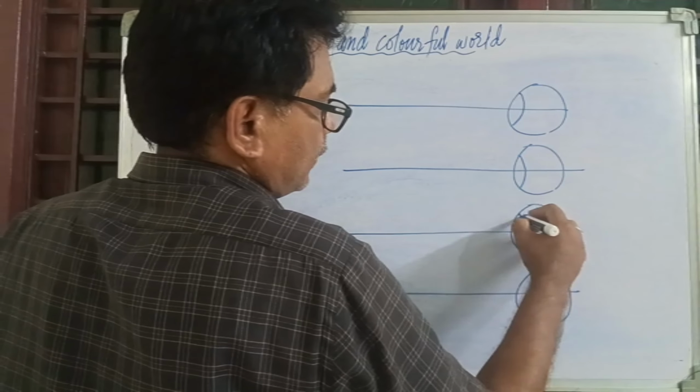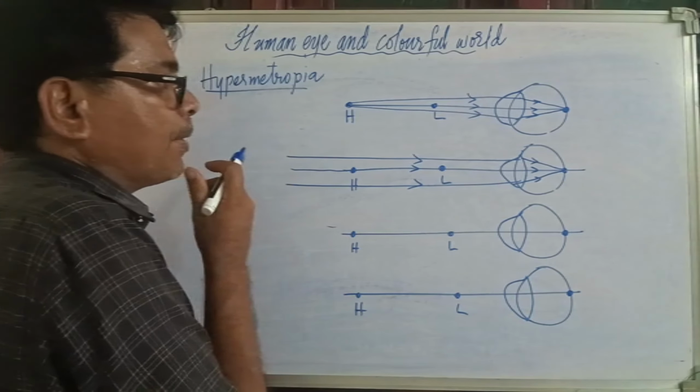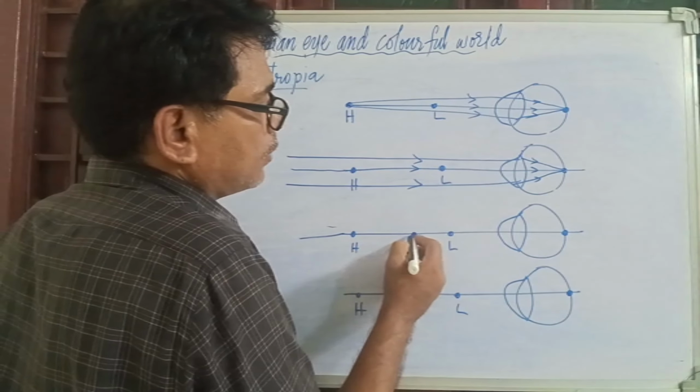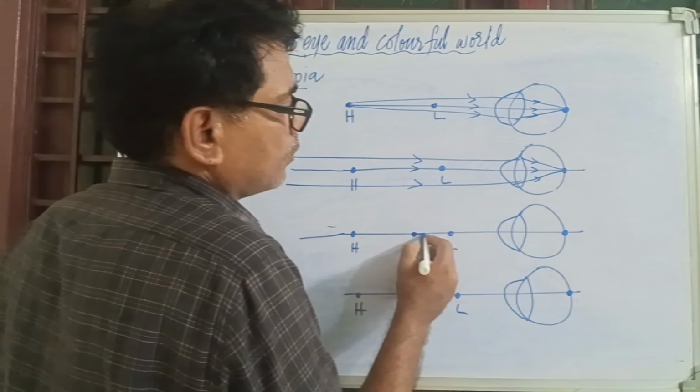In myopia, what did we do? We had drawn from here and said that he can see objects which are near. Here he can see objects which are far because he is hypermetropic. He cannot see objects which are near. Near means you have to take like this. What happens now?